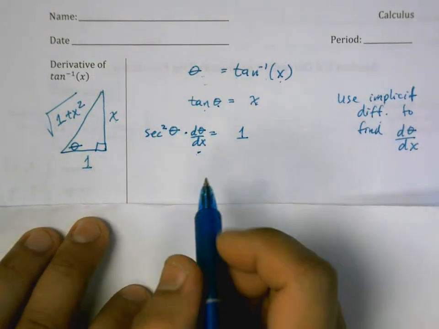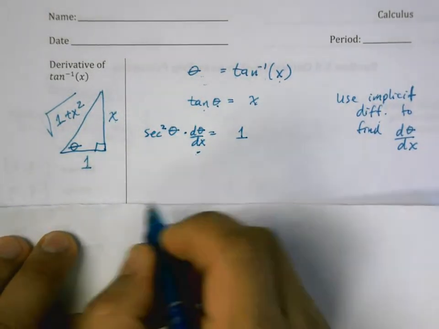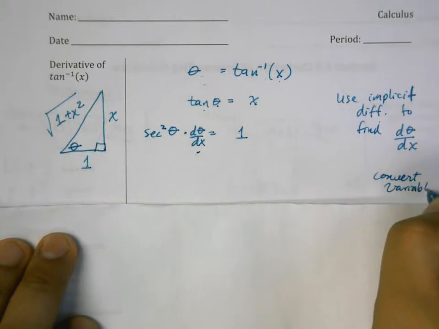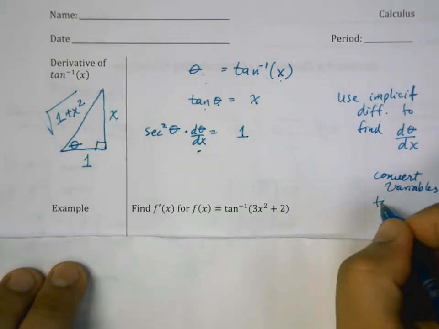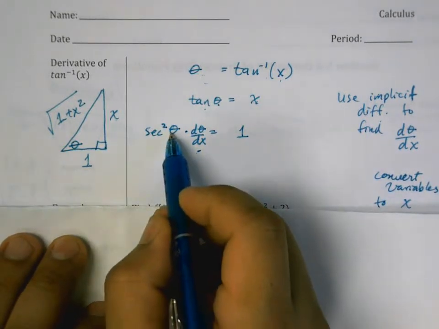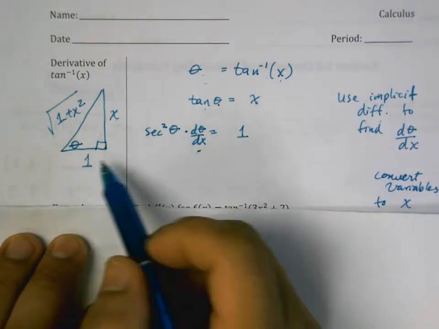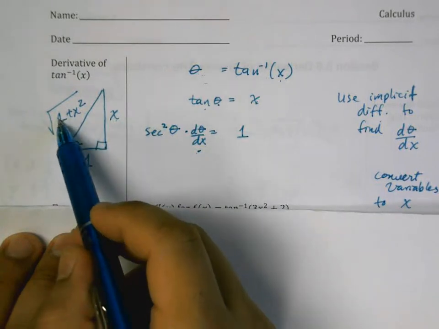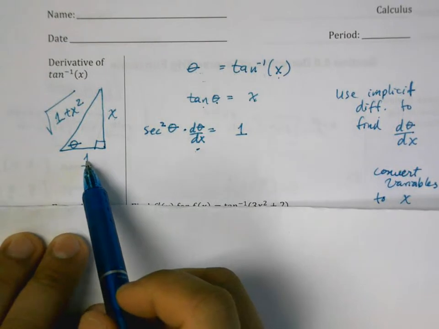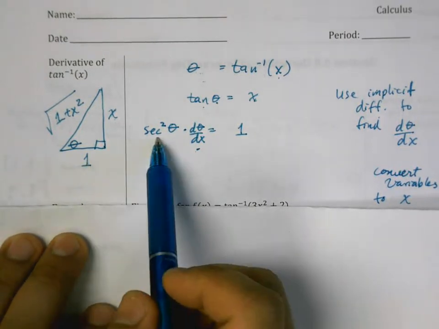Well, this works out, and then now we're going to convert everything back into x. Okay, so convert variables to x. Okay, so this secant squared of theta, well, the secant is the hypotenuse divided by the adjacent side, and that's squared.